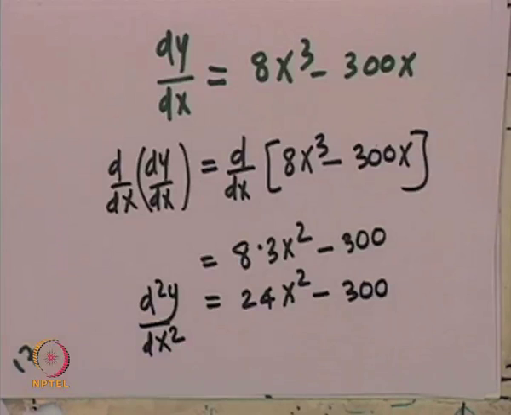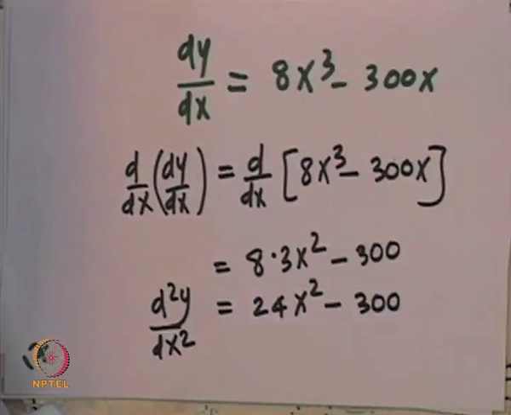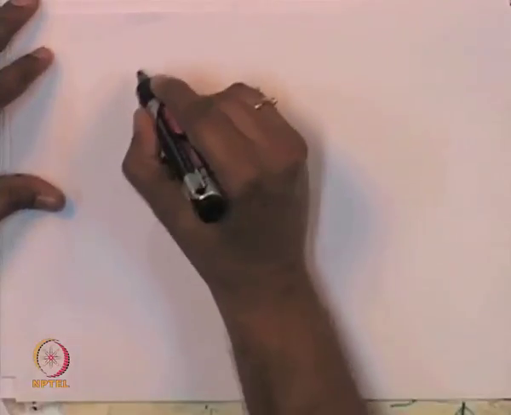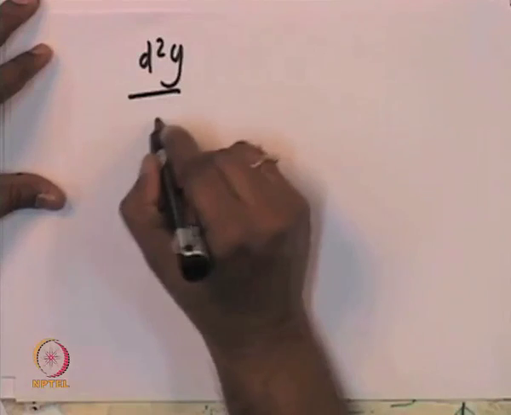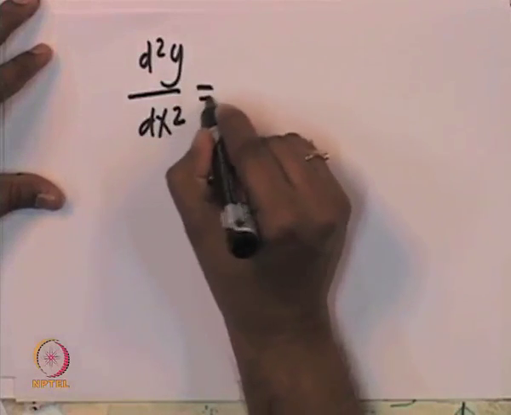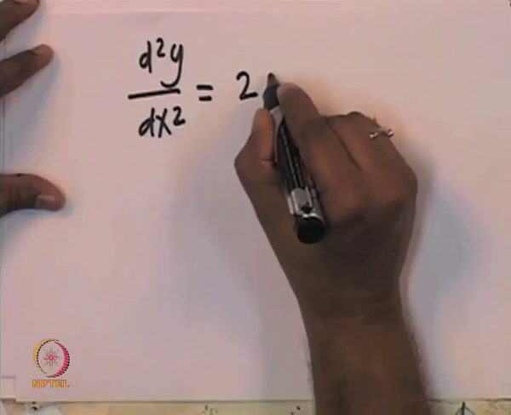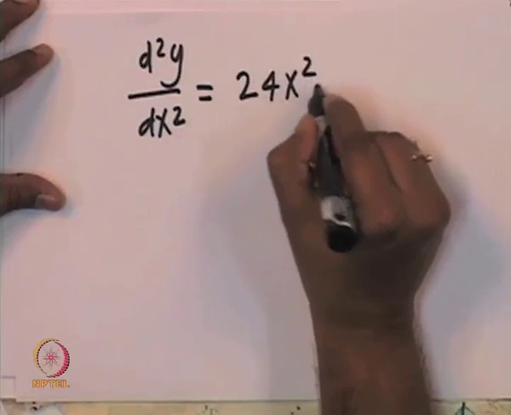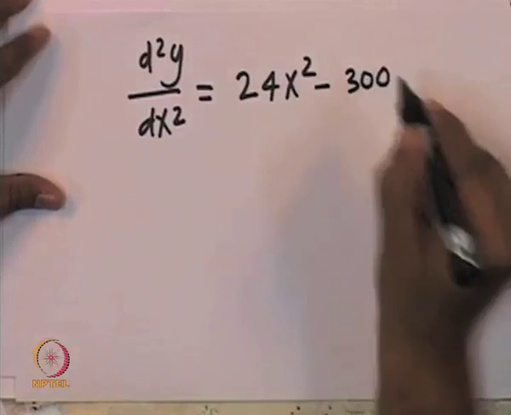So, let us write the second derivative a little more carefully: d square y by dx square is equal to 24 x square minus 300.